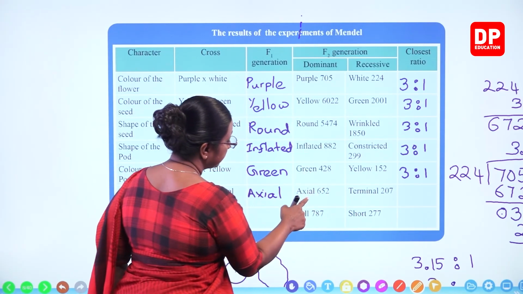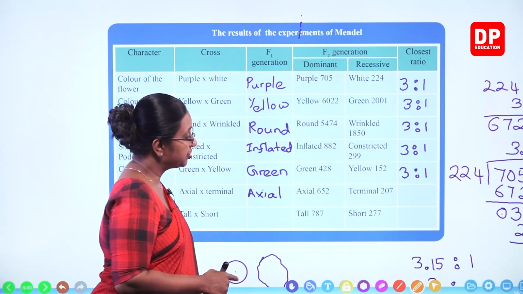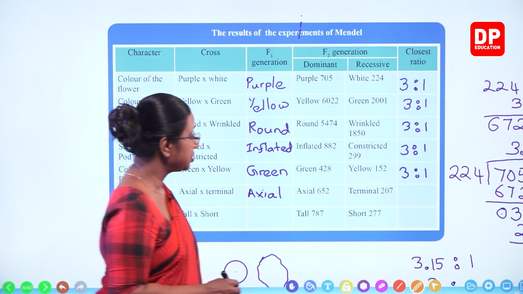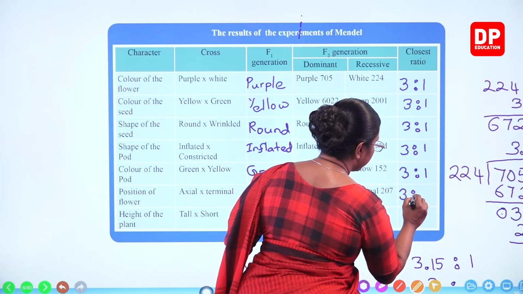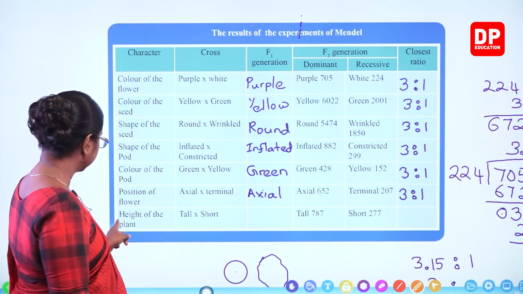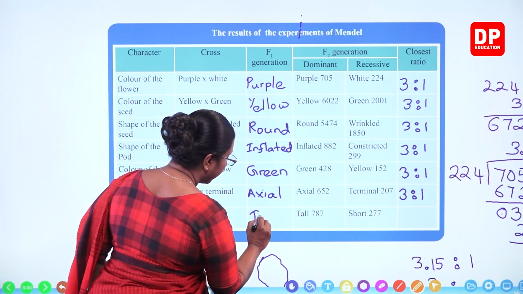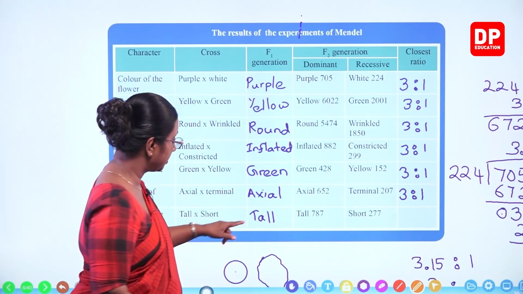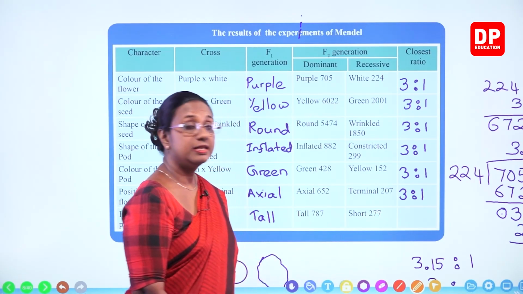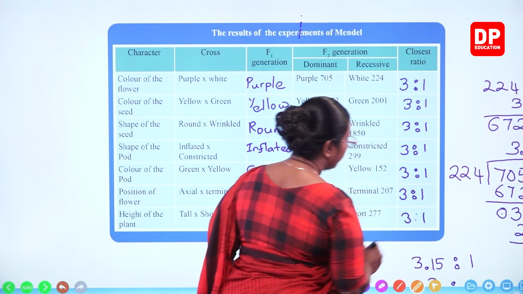Axial flower in the second generation 652, terminal flower in the F2 generation 207. So axial is to terminal, the ratio is 3:1. Then the seventh character, the last character, height of the plant, which we discussed first, tall and short. You all know the tall character is dominant, so all the F1 generation is only tall plants. Tall 787, short 277. So here also the ratio is 3:1.